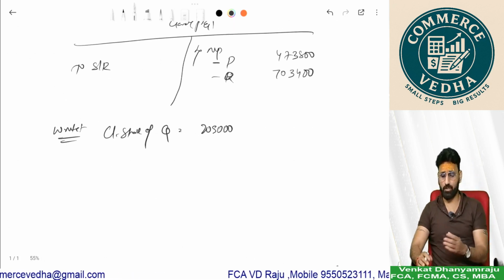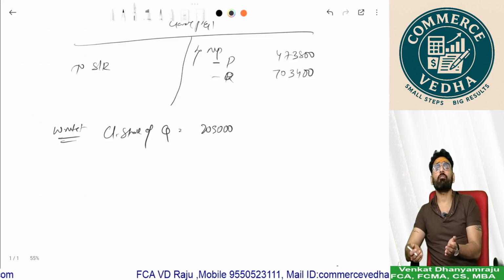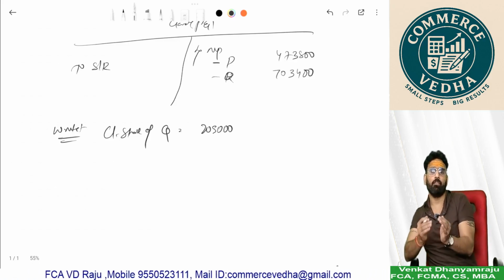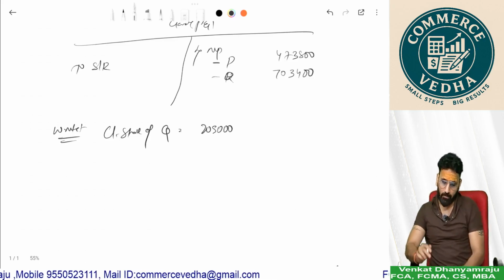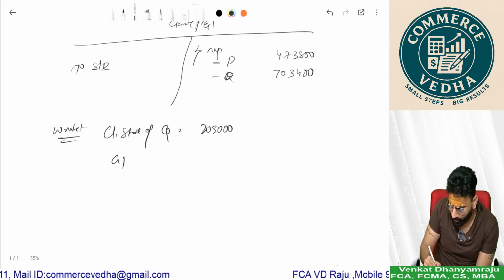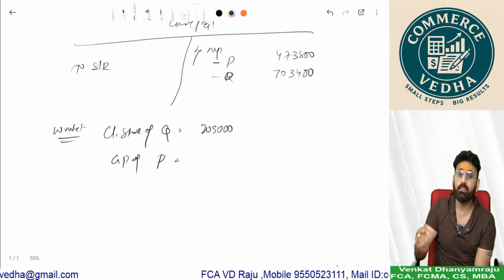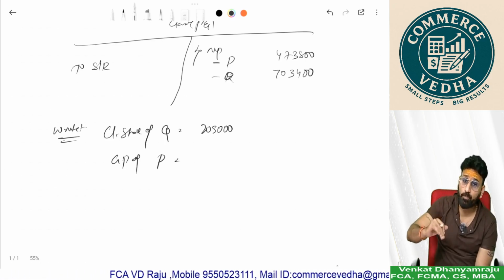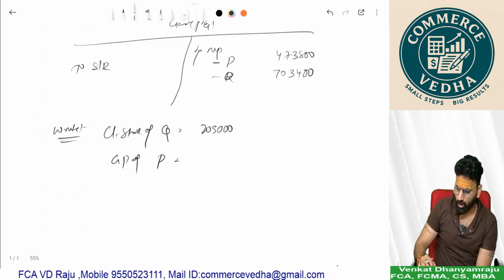Now, out of which, what is the proportion of transfer from P included? We should first identify this. This is the closing stock of Q, then gross profit of P, because in the closing stock of Q, gross profit of P is included. So how do we compute the gross profit of P?